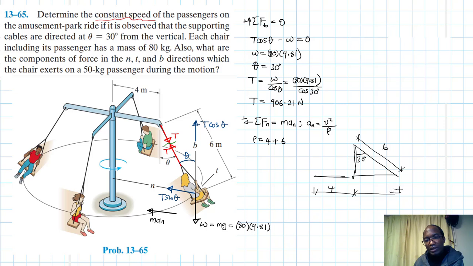We want to find this, and for us to find it, it becomes 6 sine 30, because sine 30 is equal to x divided by 6. Therefore x is 6 sine 30.